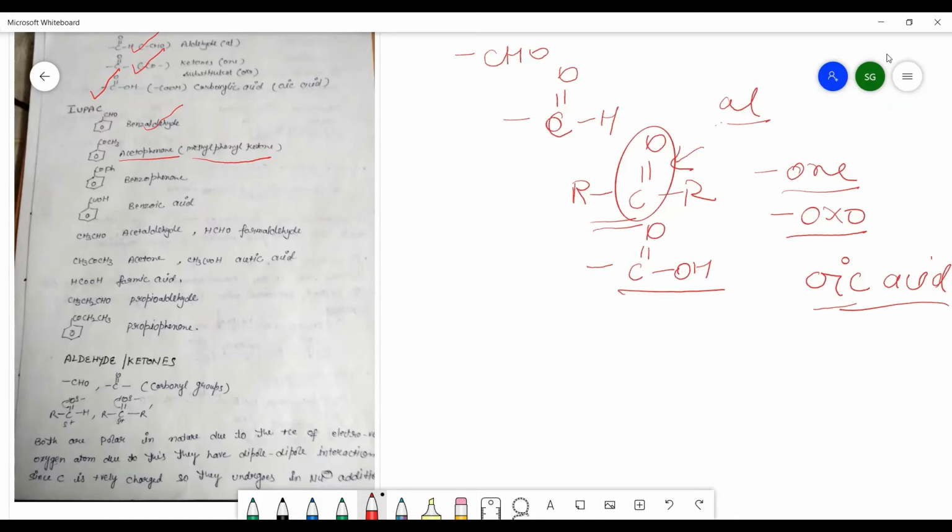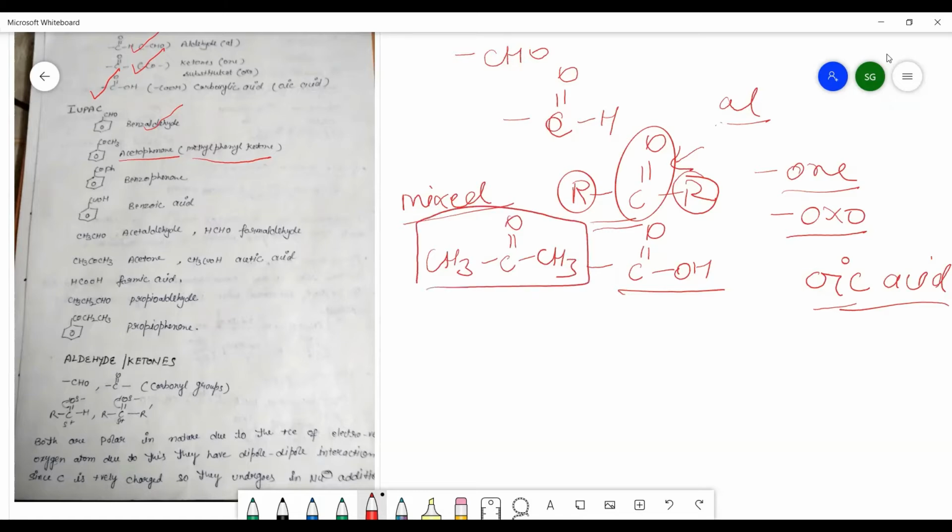This is a mixed ketone, whenever R and R dash are different, or we can say these are unsymmetrical ketones. When both are the same, like CH3 C double bond O CH3, this is a common ketone or symmetrical ketone, in which the two R groups are the same around the carbonyl carbon.